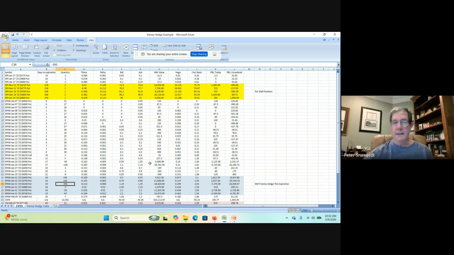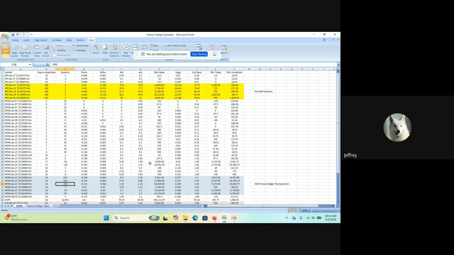Well, as I mentioned earlier, with the Vanna hedge on, I have options, right? So the following morning, if the market takes a big dump, the long position that I just put on with my Vanna hedge will go up in value while all the shorts will go down, right? Yeah.